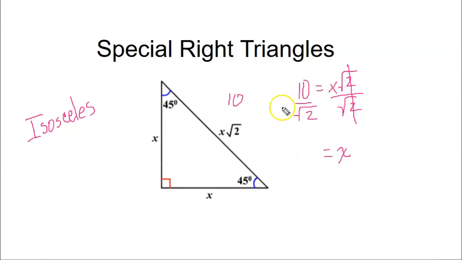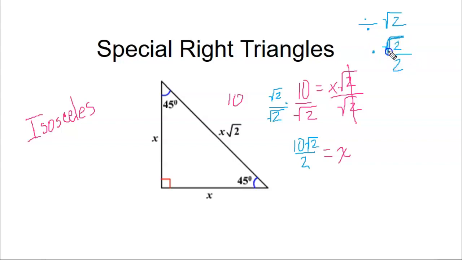And if you recall, rationalizing a denominator, we just want to multiply the top and the bottom by the square root of 2. And when we do that, we get 10 square roots of 2 over 2. So dividing by the square root of 2 is actually the same thing as multiplying by the square root of 2 over 2.